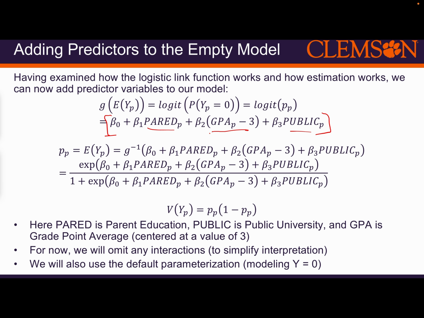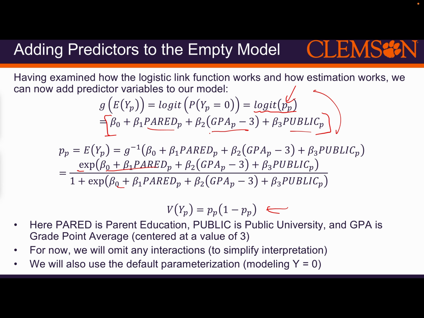However, the left-hand side of this is the logit of the probability of a person saying they're interested in applying to grad school. When we plug that in, this is the link version. The g inverse of it looks like this: e to all those terms over 1 plus e to all those terms. But always the variance is p times 1 minus p. For now, we're going to omit interactions to simplify the interpretation, but I will go on later and try to add those.